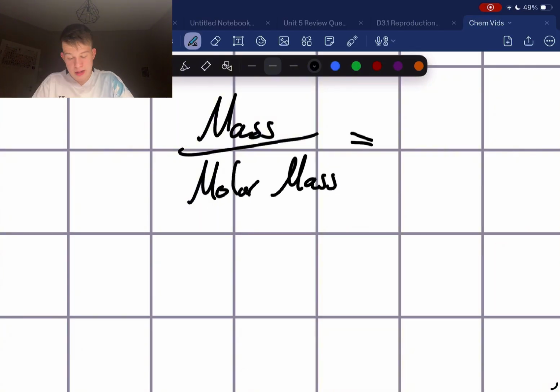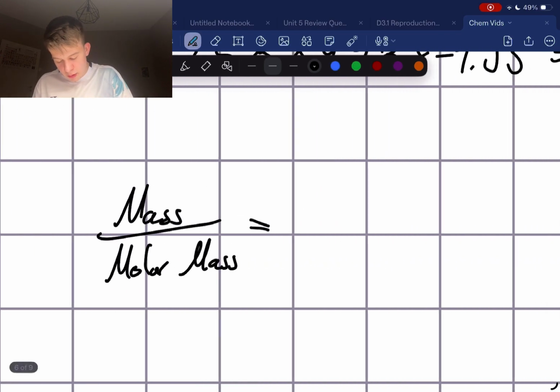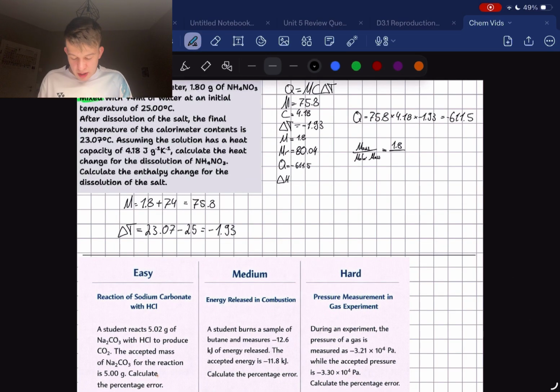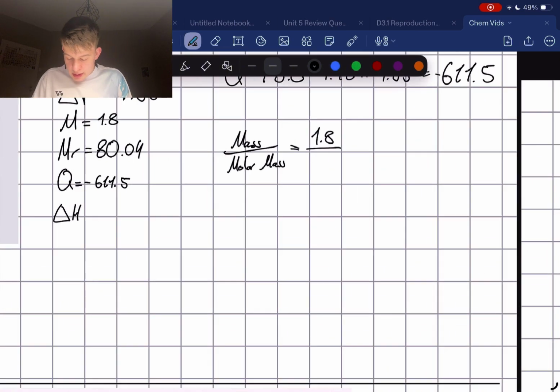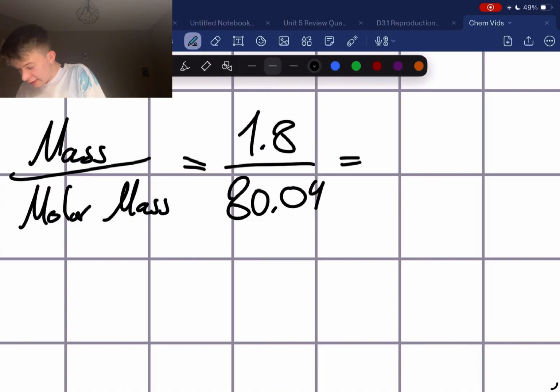So we have a mass of, as I already mentioned, 1.8 divided by the molar mass of ammonium nitrate, which is 80.04. So we do 1.8 divided by 80.04.